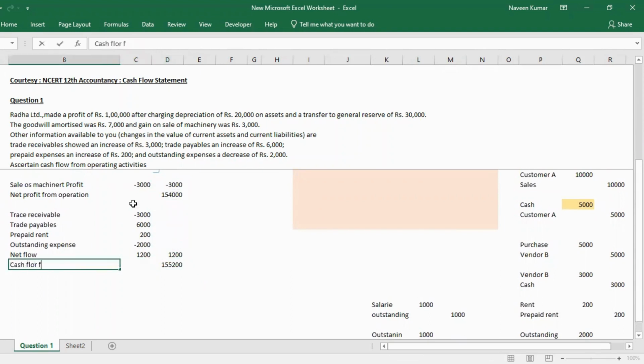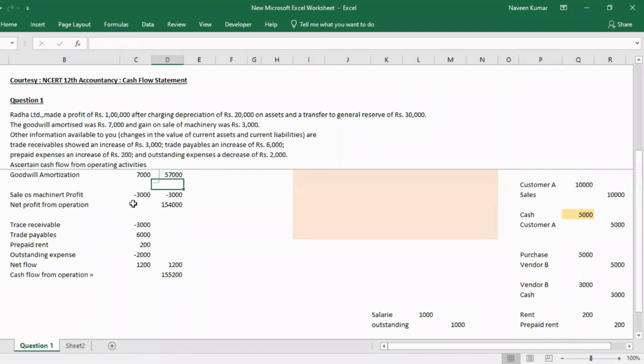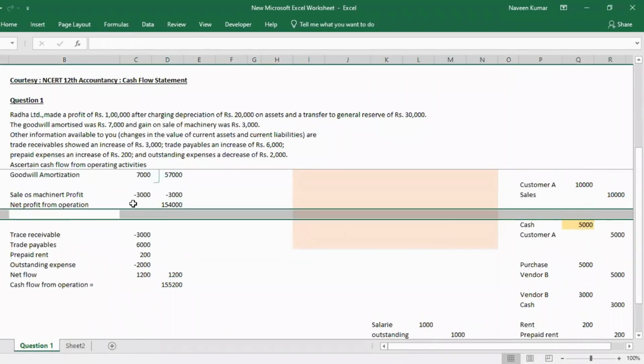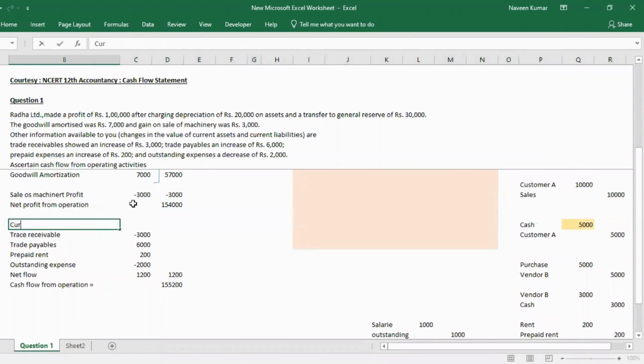So cash flow from operation is equal to 1,55,200. This is simple. So you can tell this as the current changes in current asset and current liability. That's it. So you understand, right?